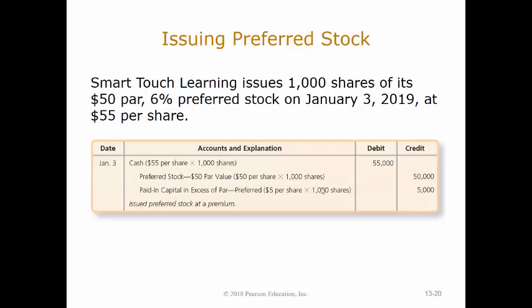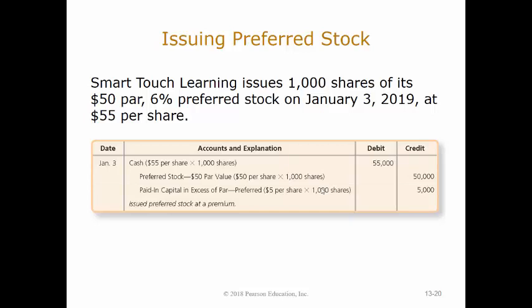We have to separate the portion of those assets we are acquiring, in this case cash, into what came from the par value of the stock and what was paid in excess of par. So to find our credit to preferred stock with a $50 par value, we take the par value of the shares, the $50, multiply it by how many shares we're issuing, which is 1,000, and $50,000 of that $55,000 in cash we're receiving can be attributed to the par value of this preferred stock, which means the other $5,000 has to be in excess.